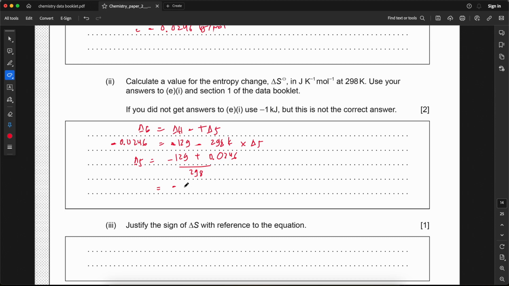You get negative 0.433 kilojoule per K mole or negative 433 joule per K mole.